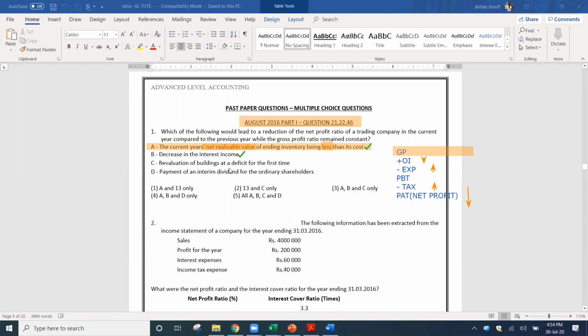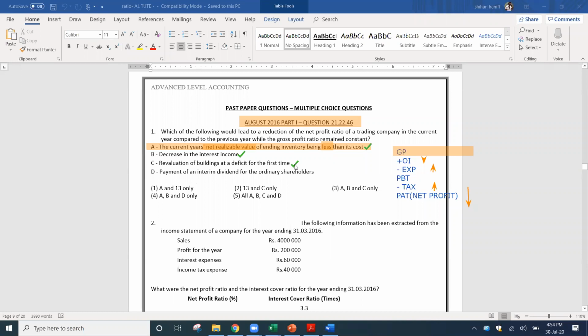Revaluation of building at a deficit for the first time. If you all can remember the PPE revaluation part, I did initial revaluation and subsequent revaluation. If you have a loss in initial revaluation, that will be taken to other expenses. So this is correct. Other expenses increases.